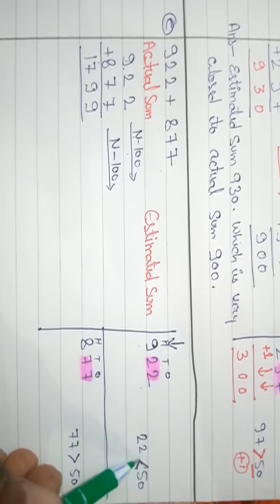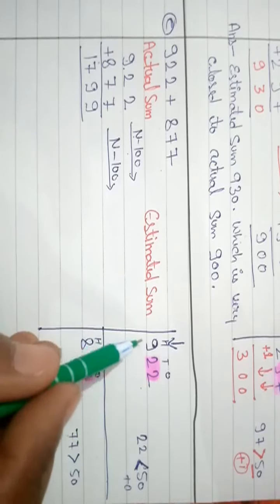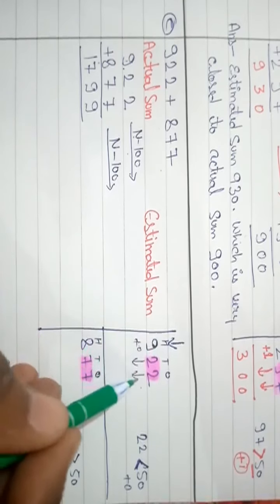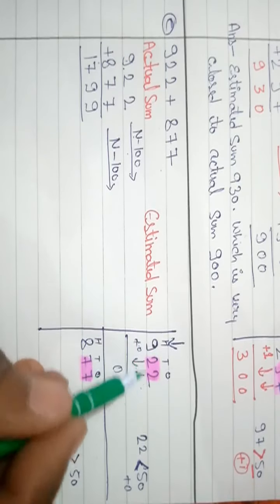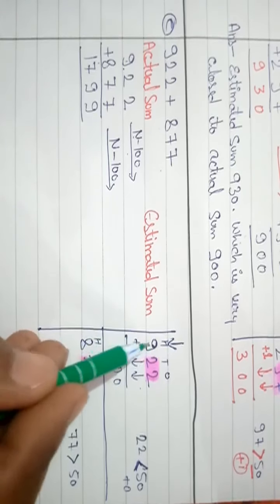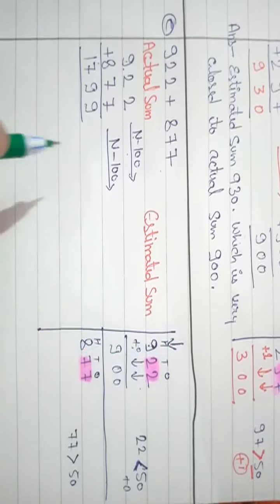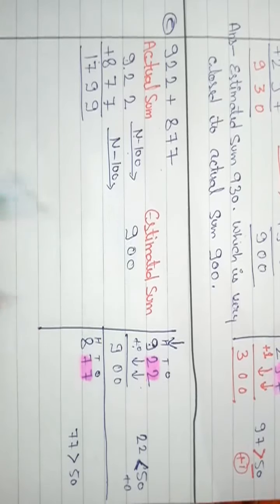Here 22 is less than 50, so we add 0 in our target place and the highlighted place becomes 0. So 9 and 0, 9, so its answer is 900.